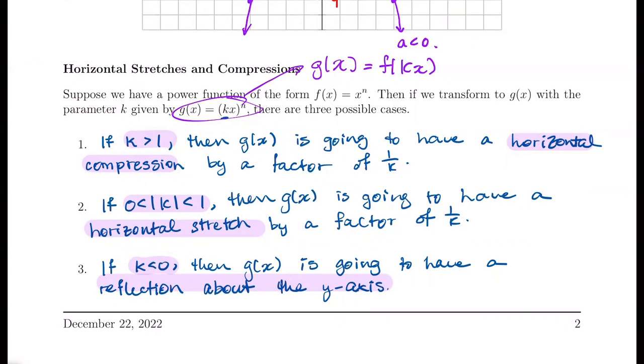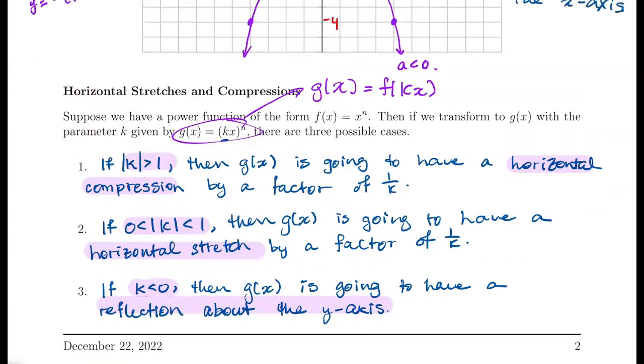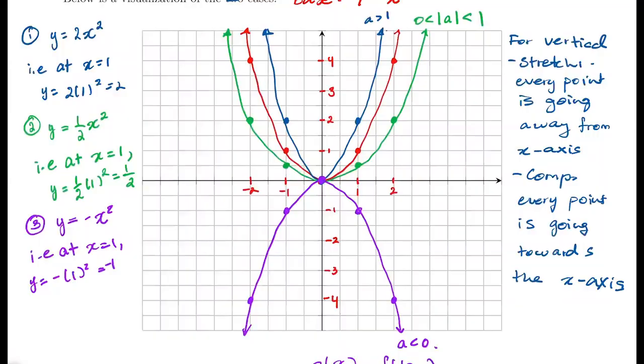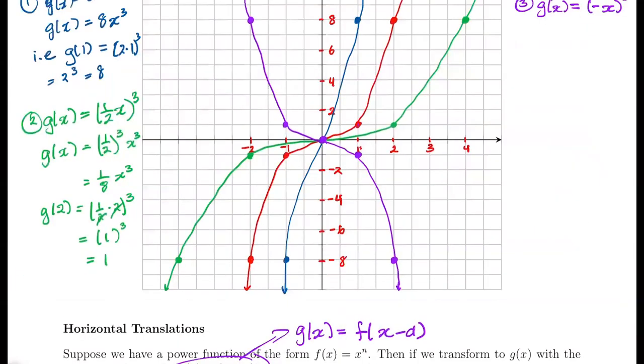One thing I should put instead is the absolute value of k and the absolute value of a as well. Because if we have -3, let's say, it's still going to be a vertical stretch, but it's just going to be reflected over the x-axis. So we just put the absolute brackets around.